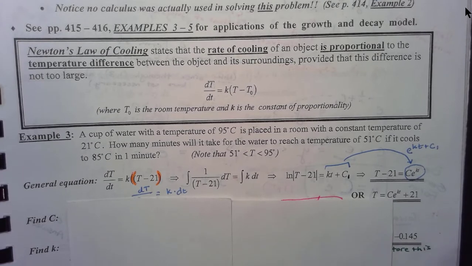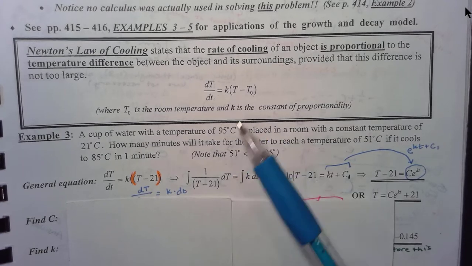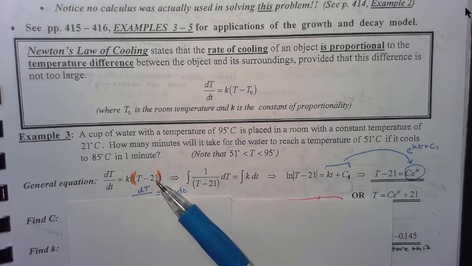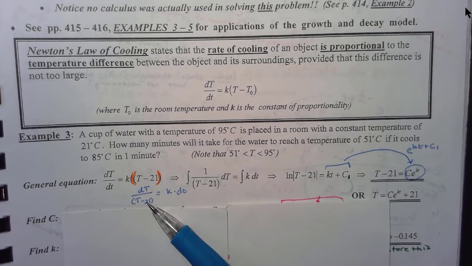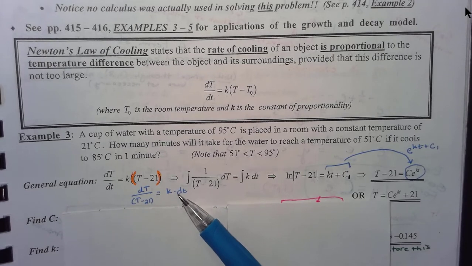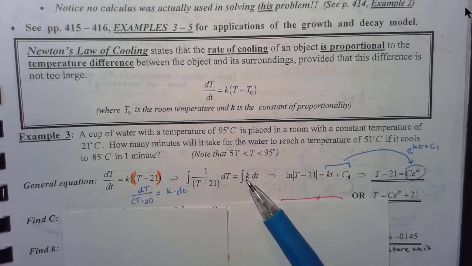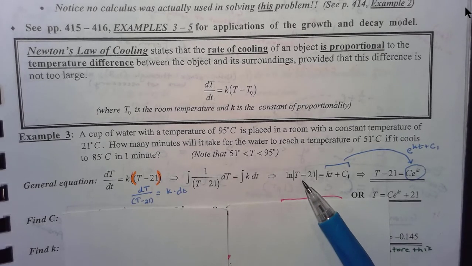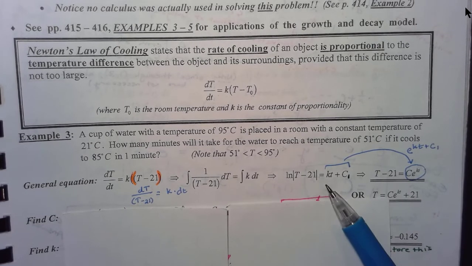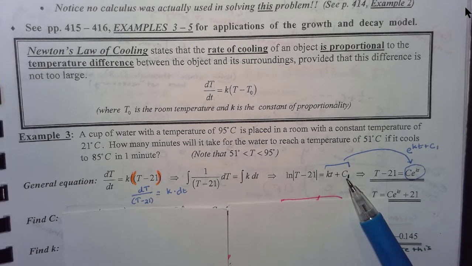So my general equation, dT/dt, is k times T minus the temperature of the room, 21. Separating these variables, getting the T's together, brings this binomial here. You should recognize what's going on here: u prime over u equals k times dt. Anti-differentiating both sides gives us the natural log of the absolute value of T minus 21 equals kt plus some constant c.